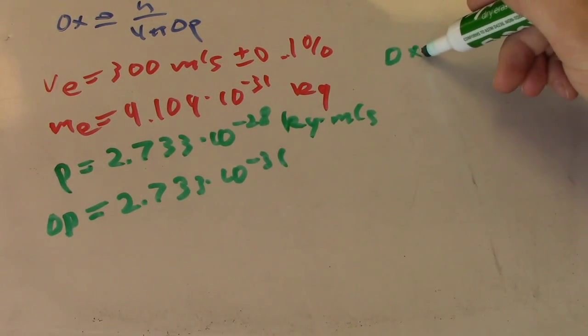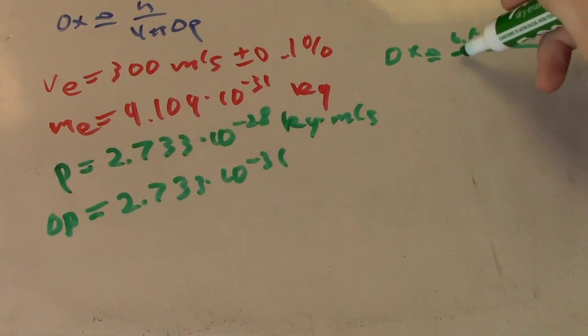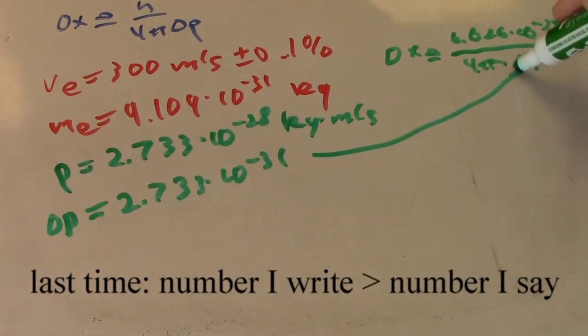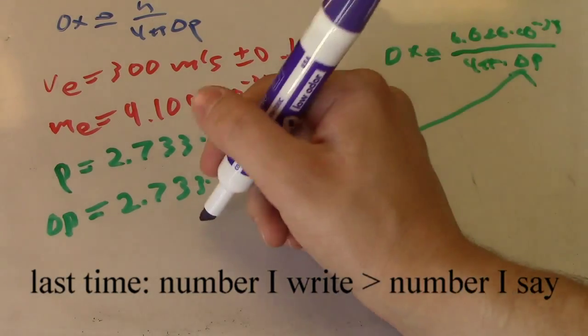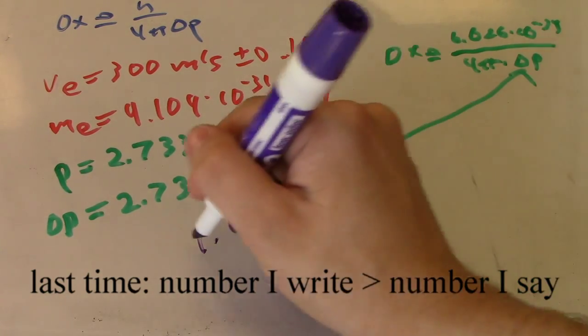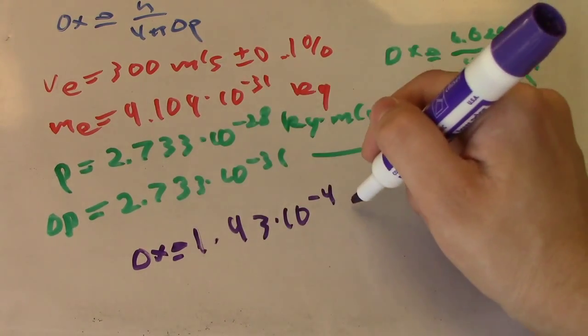Using the same value for Planck's constant, 6.626 times 10 to the negative 34th, and dividing it out by 4 times pi times our uncertainty in momentum, we get 1.93 times 10 to the negative 34th. This is our uncertainty in position, which is about 1/5 of a millimeter.